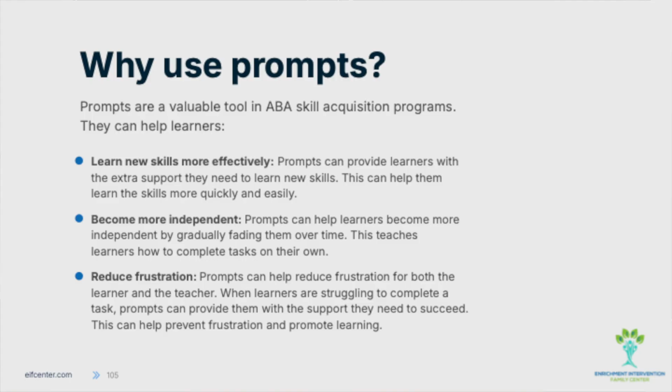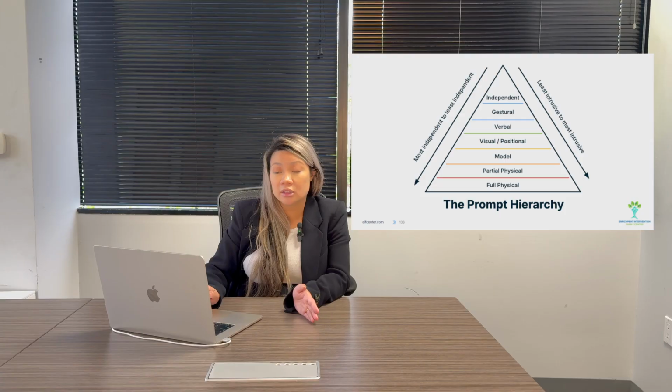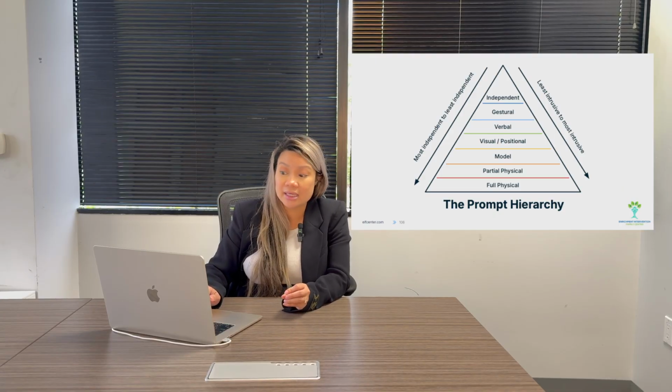For the prompt hierarchy, think of it as a pyramid. At the very top, you have what we call independent. And here at EFC, we use a first trial data collection or first trial prompt hierarchy. So the first step is independent. We want to assume that the learner may know this skill.